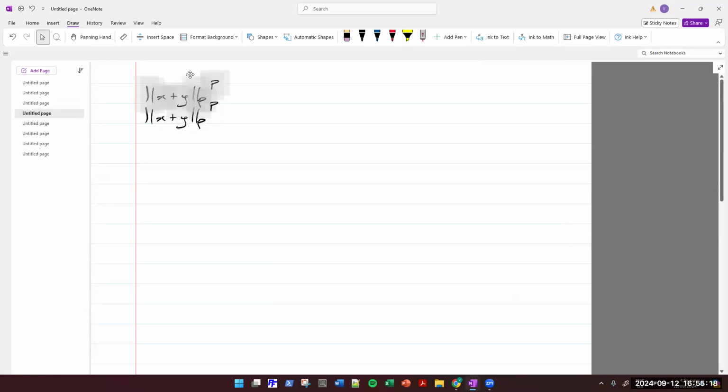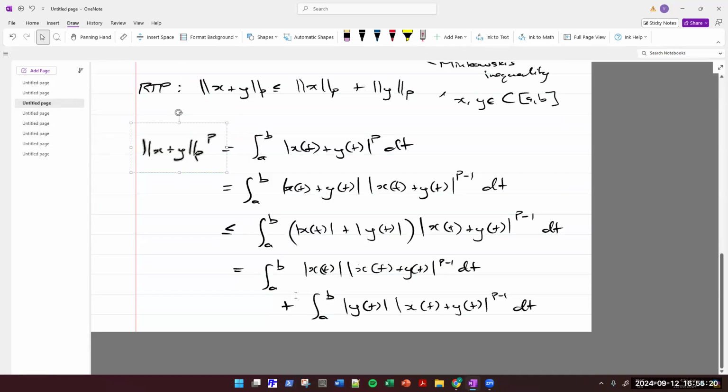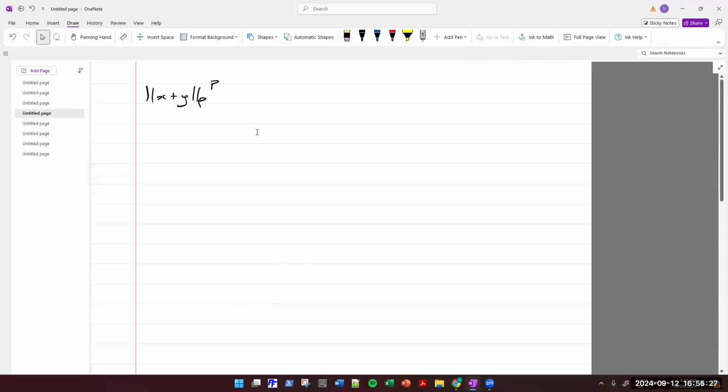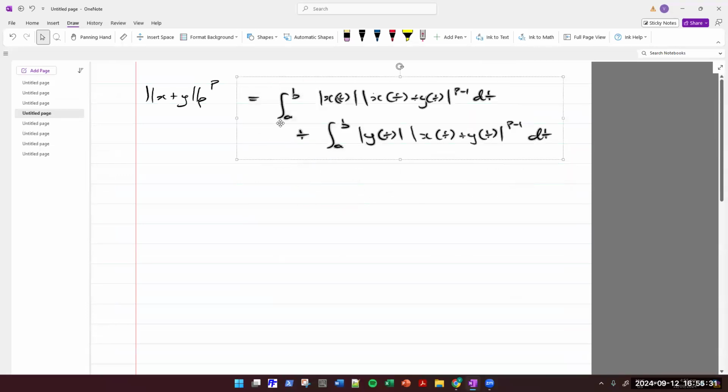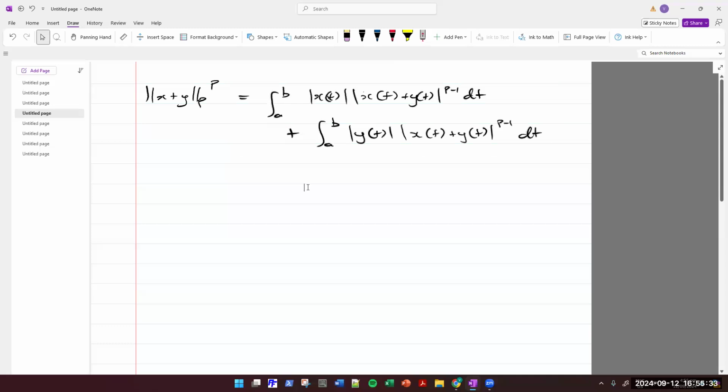So that term, and I need this. Right. It's not quite equal, it's less than or equal. Yes, correct. Less than or equal. Okay, so that's what I have from the previous page.